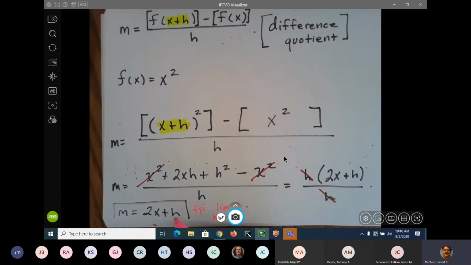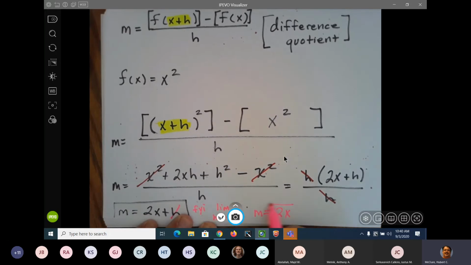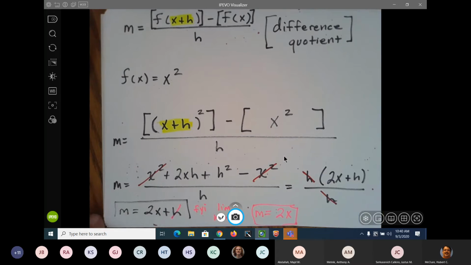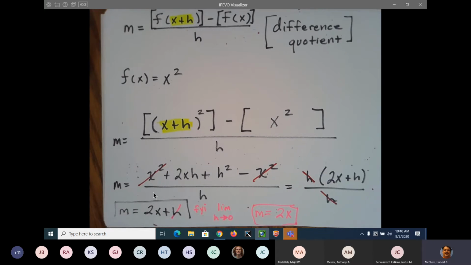And that's going to do away with this term, and you're left with m is equal to 2x. And that's what you're going to be doing in calculus. So you're not responsible for what's in pink. But that's where you're heading with this.